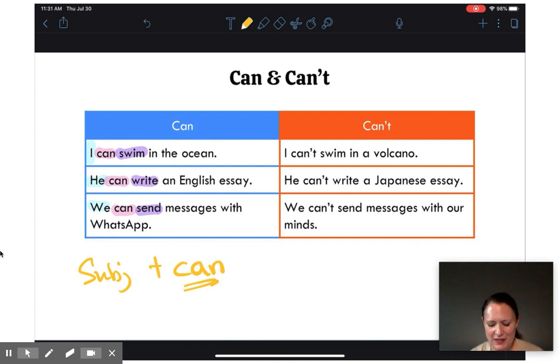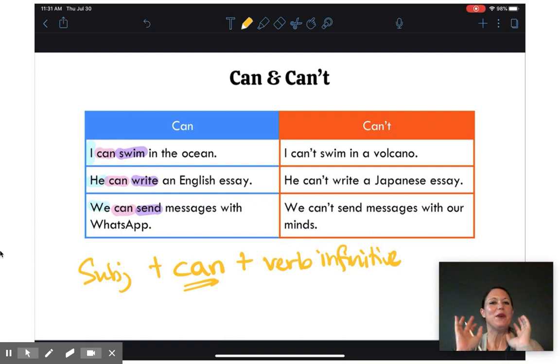Even easier, verb in its infinitive form. I probably misspelled that. We don't need to add anything to our verb. No S, no ED, no ING. Just the base form of our verb. Easy, right? It's the same thing with can't. We just add the not to the end of can't.